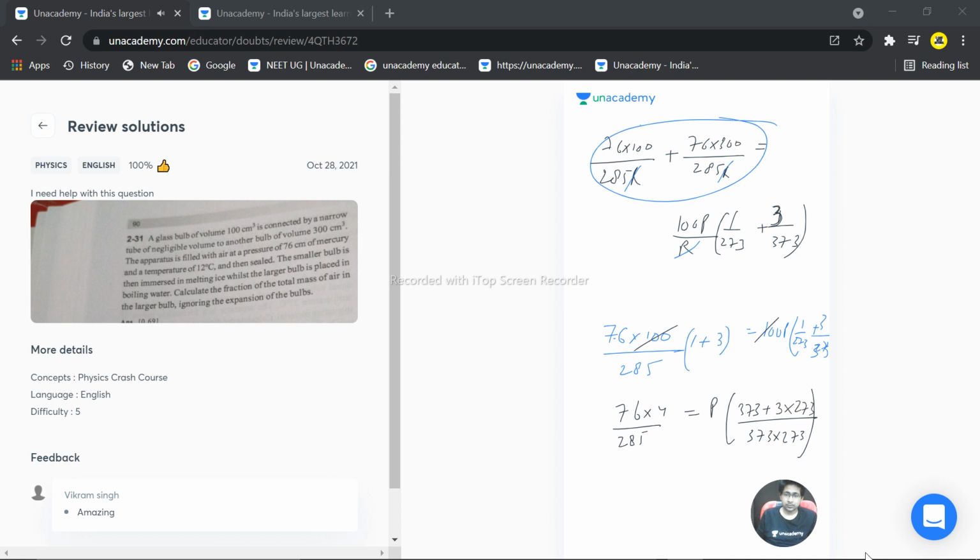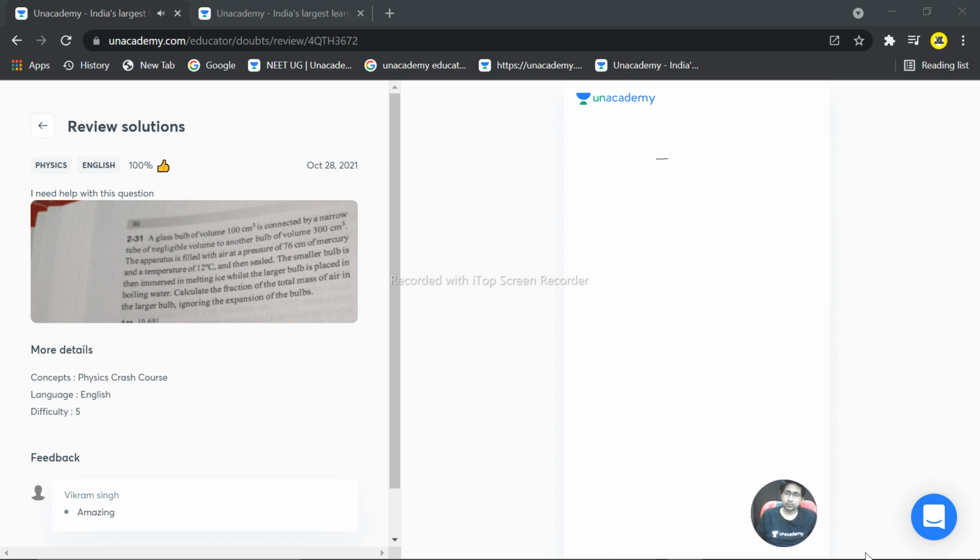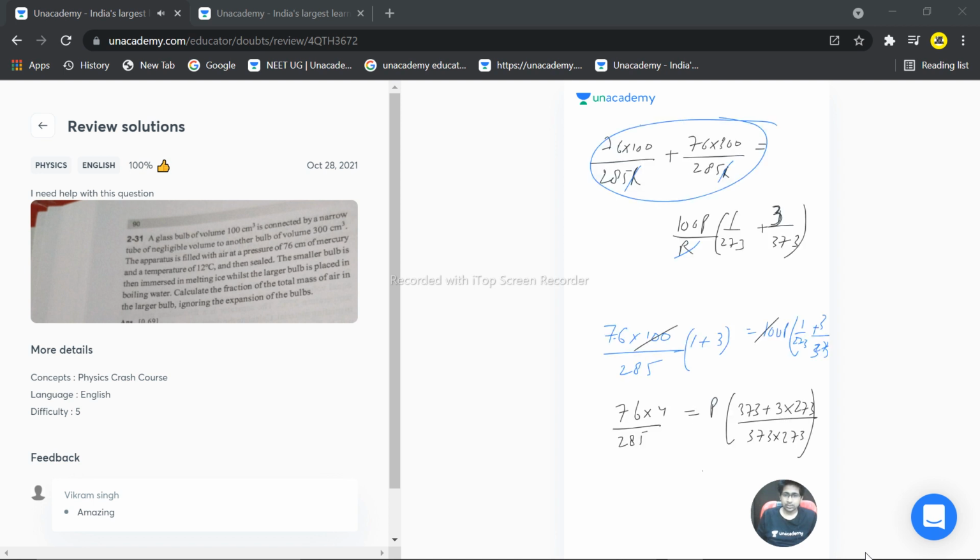Let's solve this. 273 multiplied by 3 is 819. 819 plus 373 is equal to 1192. So 1192P divided by 373 multiplied by 273, which is equal to 101829.